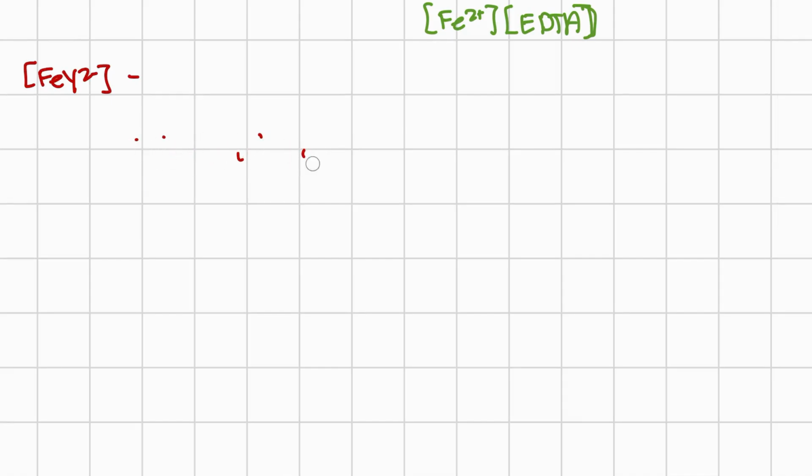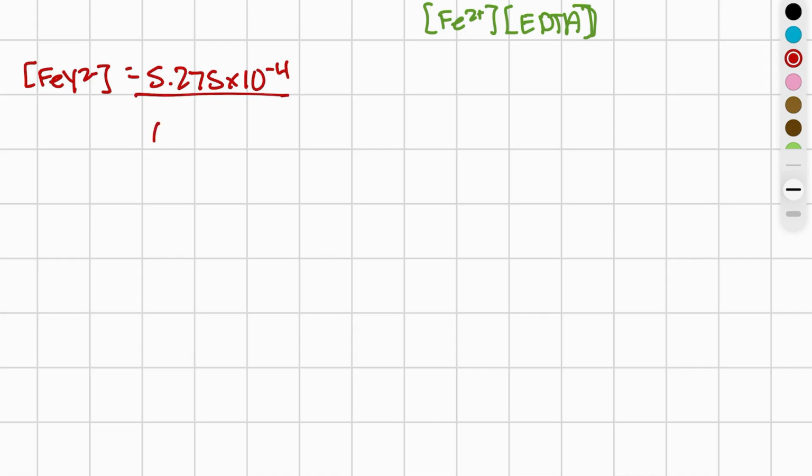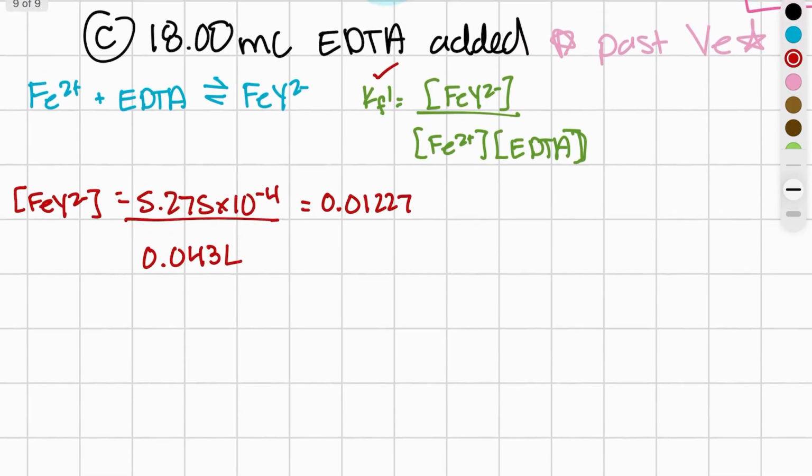Let me rewrite that one second. All right, this equals 5.27 times 10 to the negative 4 over, we are now at 0.043 liters, which tells me this is 0.01227 molar. Great.